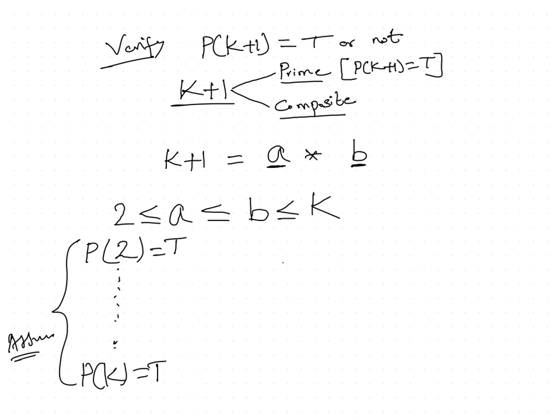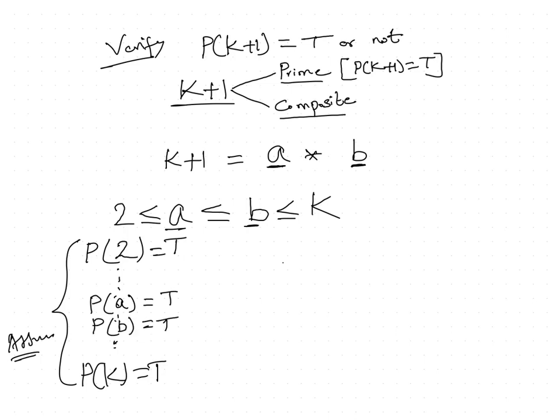I have already told you that this a and b lie inclusively between 2 and k, so I can write that P of a is equal to true. Yes, similarly for b also, P of b is equal to true.